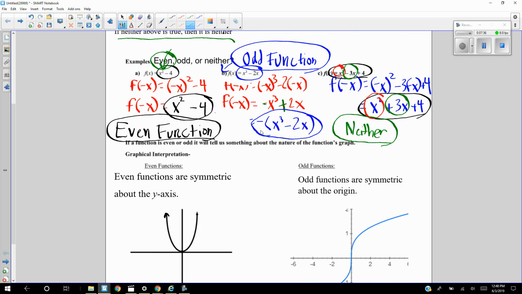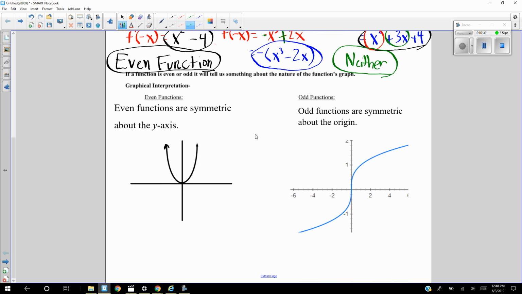All right, then finally, even and odd functions from a graphical approach. Even functions are symmetric about the y-axis. So you can see here this parabola is perfectly symmetric across the y-axis. So that's why this function is even. It's important to know not all parabolas are even. So if we graph something real quickly, just kind of freehand here, this U-shaped graph down here is symmetrical about a vertical line.